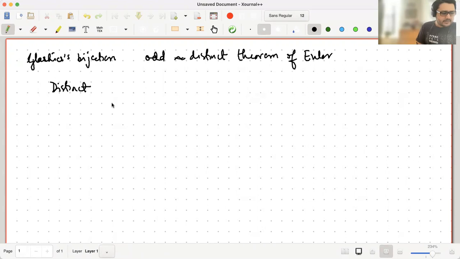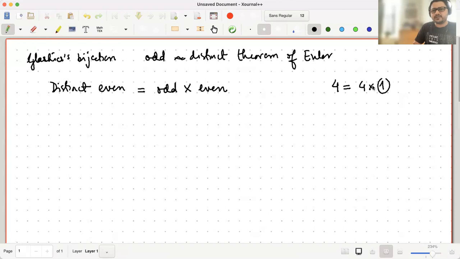If a distinct part is even, then that part can be written as some odd number times an even number, because any even number can be written as an odd number times an even number. So if it is 4, then we can just write it as 4 times 1. So 1 is odd here.